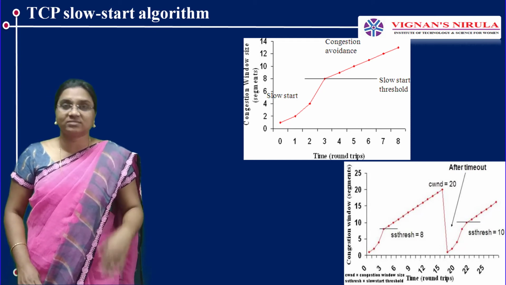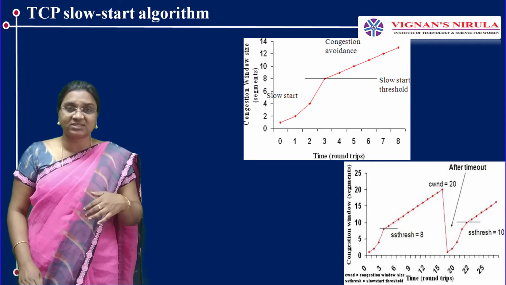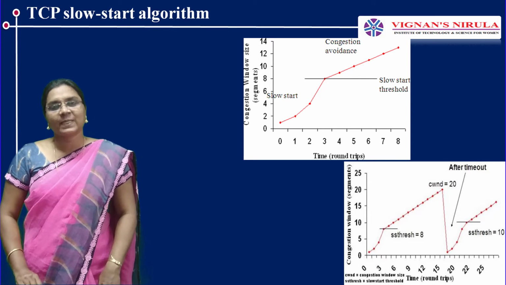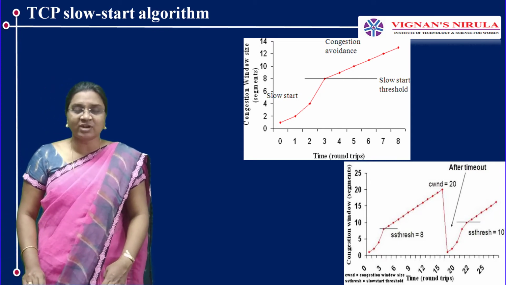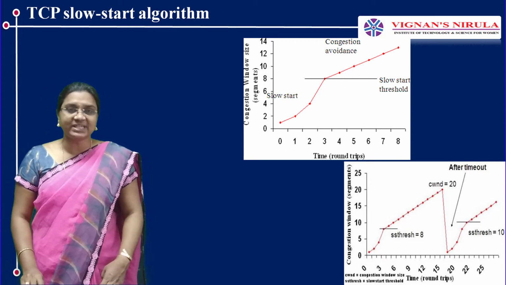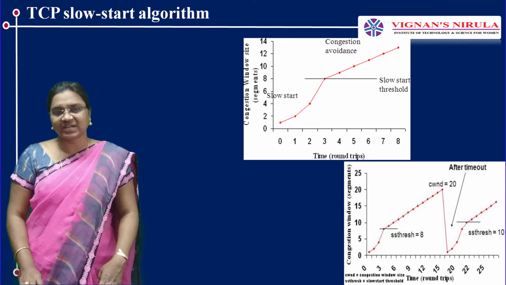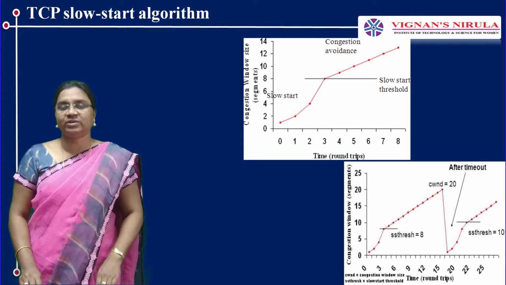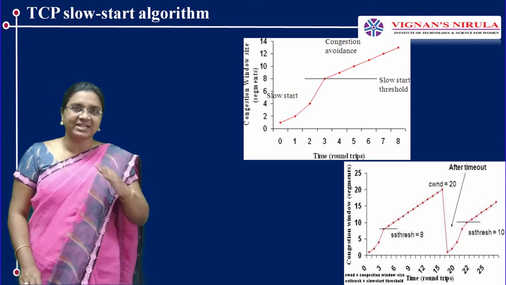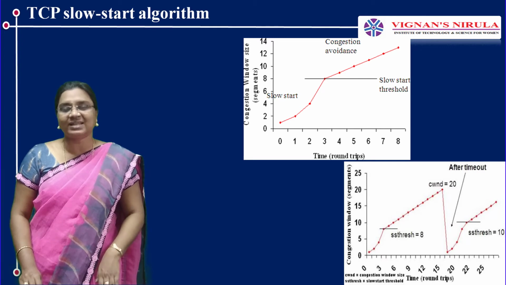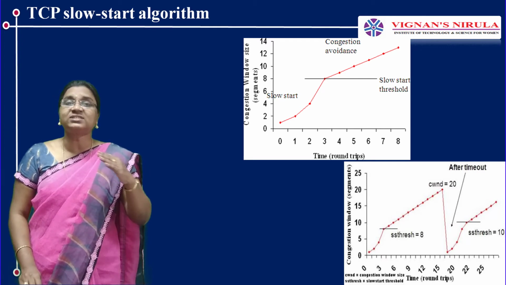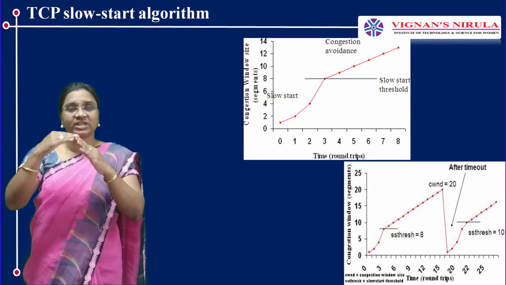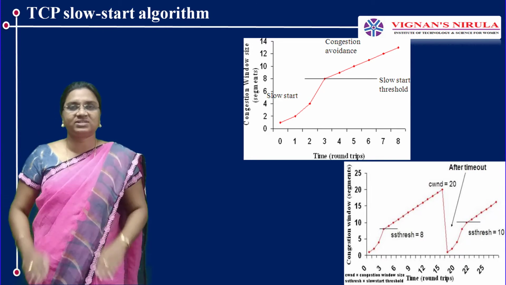If you are getting continuous acknowledgements for the same packets, that is duplicate acknowledgements, what does that mean? That means some acknowledgement is missing. A missing acknowledgement causes the reduction of the congestion threshold to 1/2 of the current congestion window. So we have slow start, it is there in the name itself, right? We slowly start by increasing the window size exponentially until the threshold is reached, and then the linear increase is there.